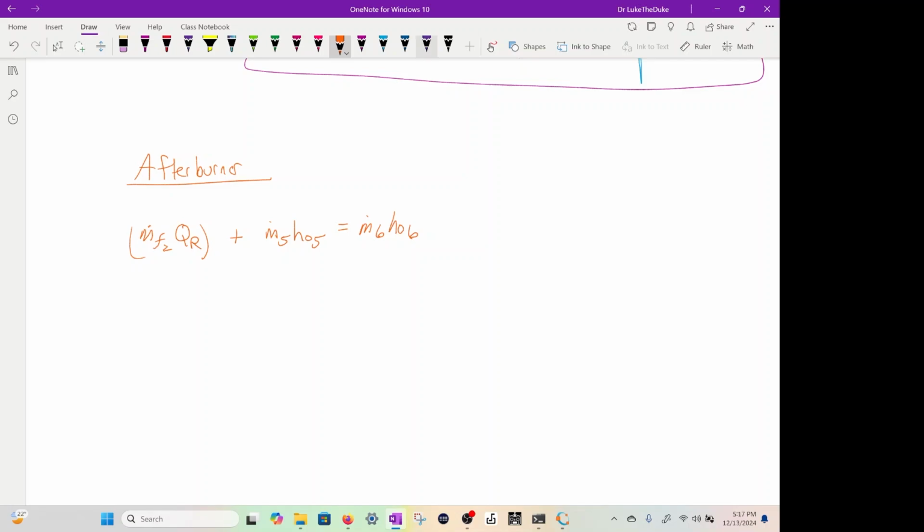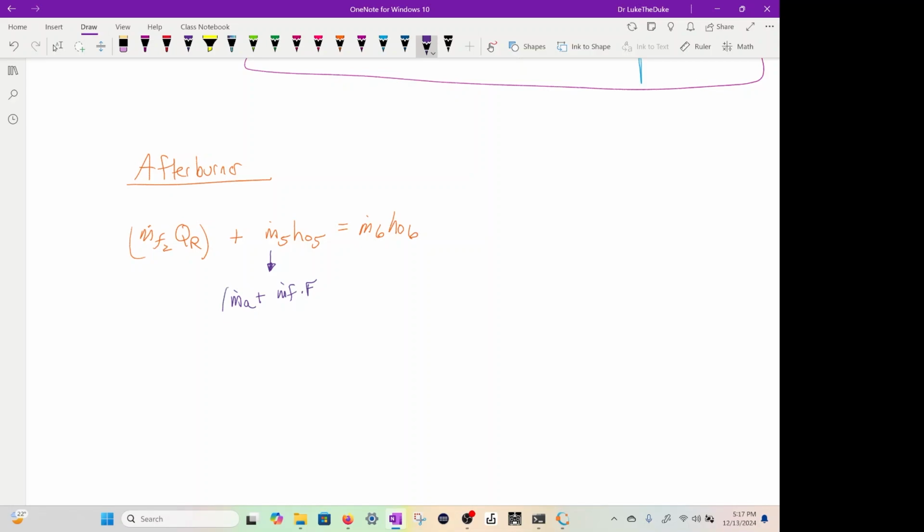Okay, now m_5 is conservation of mass. It's m_a, the air, plus a fraction of m_f. Let's call this fraction capital F. So say 1% didn't get burnt from the combustor.